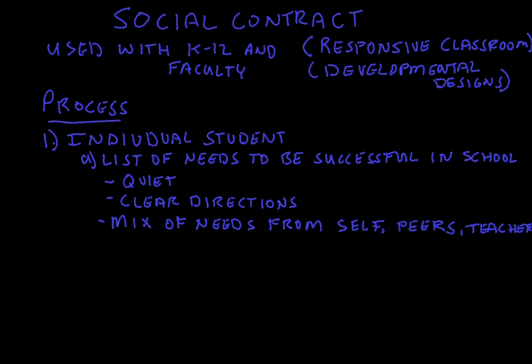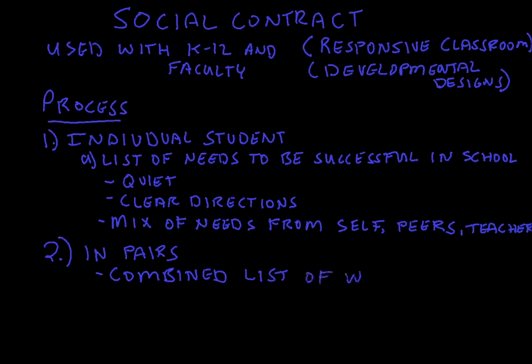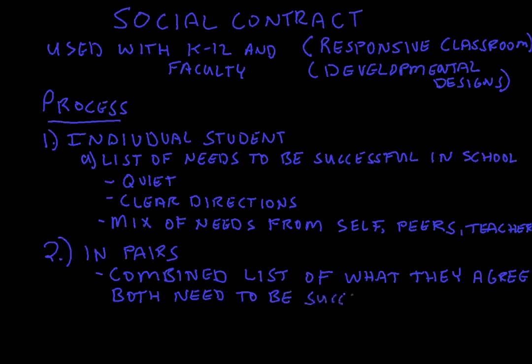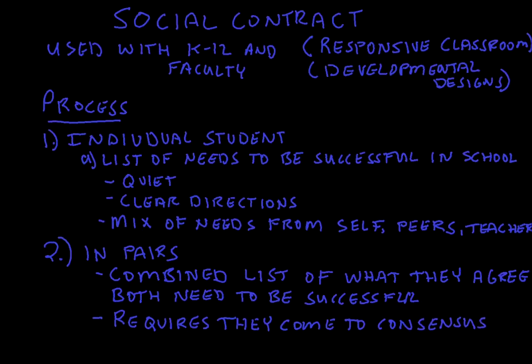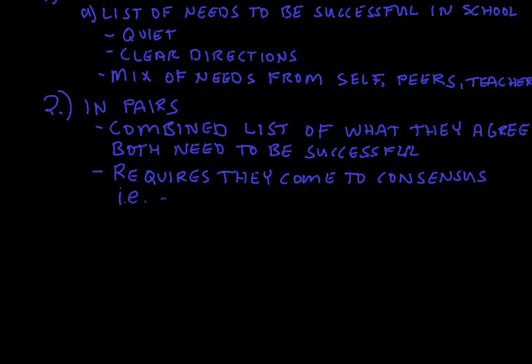And then the next step is to put them in pairs. And together, they need to come up with a few statements of what they can agree on that they need to be successful. So they have to look at both their lists, and then they have a few statements that they can come to consensus about. So we need everyone to be on time, for example, might be something they would come up with.